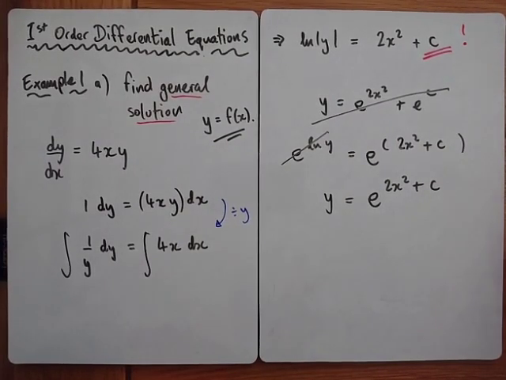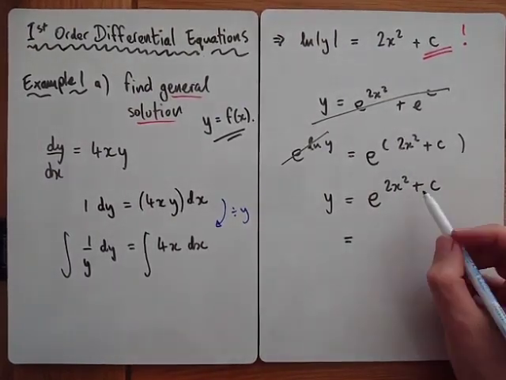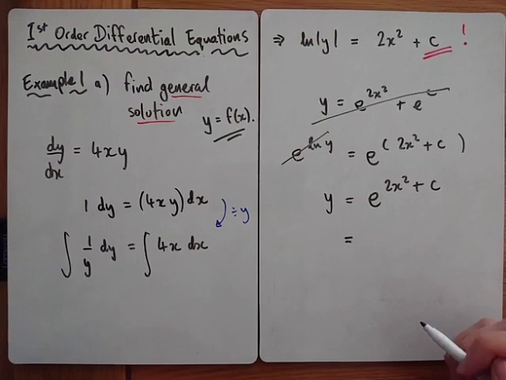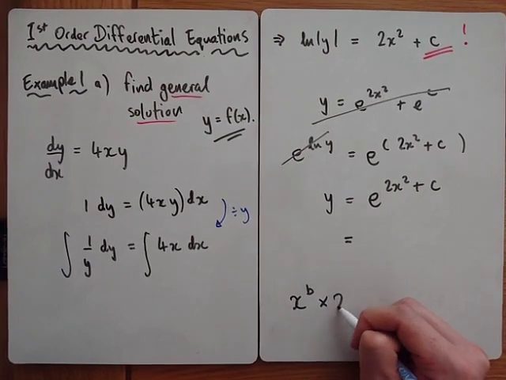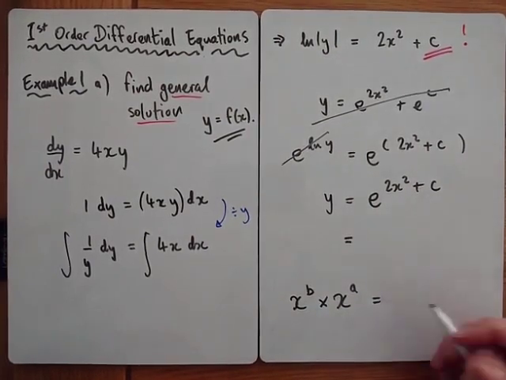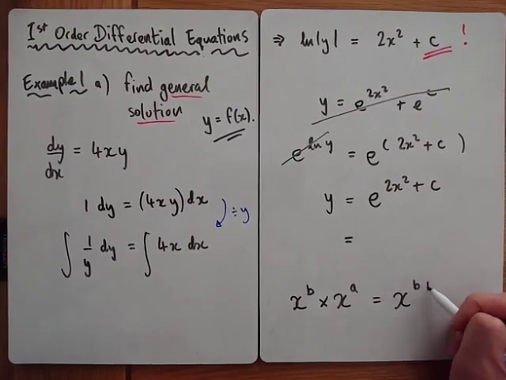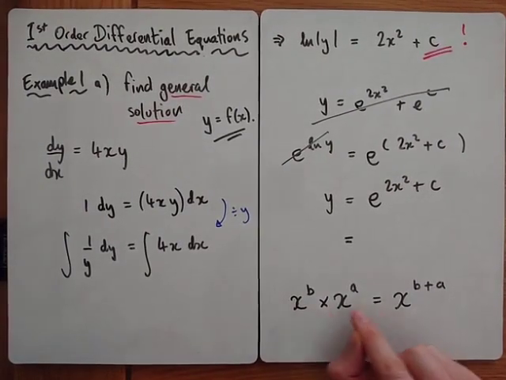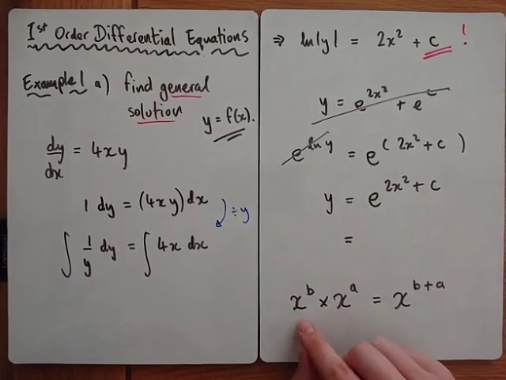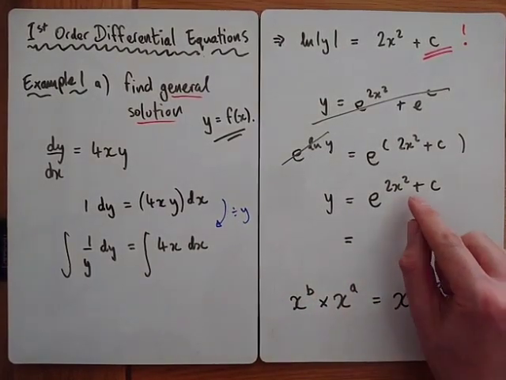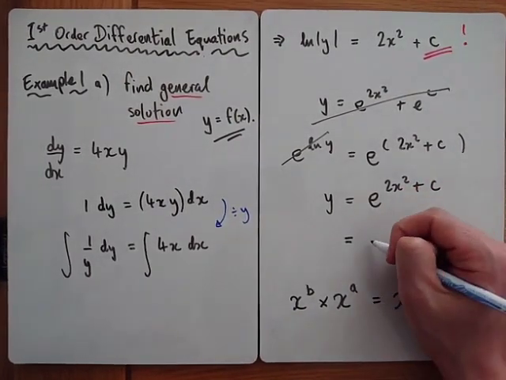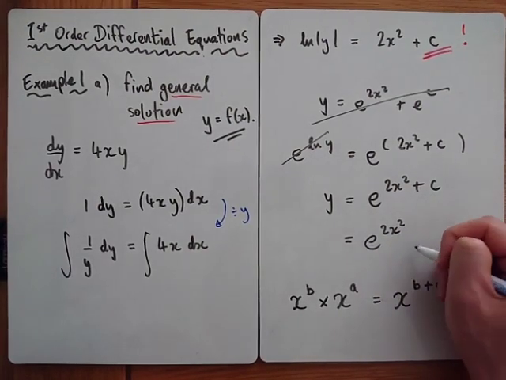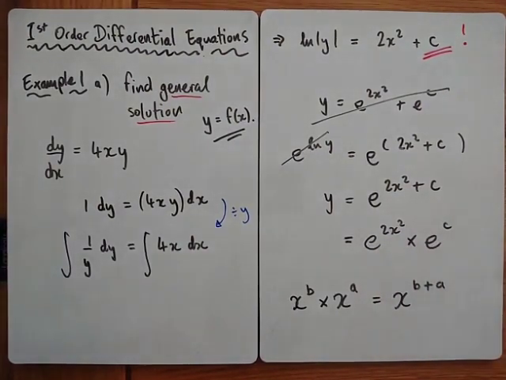You may see it go one step further as well with this question, because if you think about how indices work, say for example if I did x to the power b times by x to the power a, that would be the same as x to the power b plus a. Just by using our laws of indices, when you multiply two things, you add the powers. So we could reverse that process. If we're adding the powers, that would be the same as e to the 2x squared multiplied by e to the power of c.